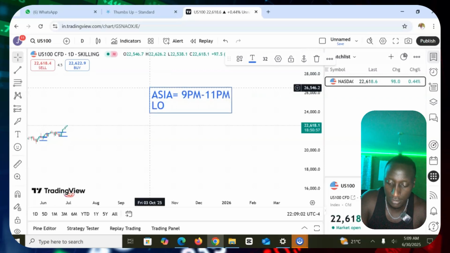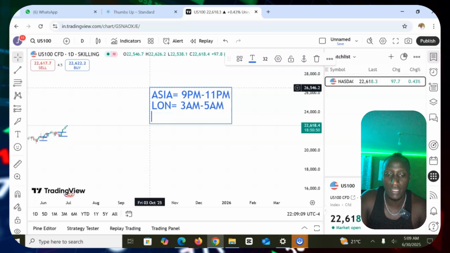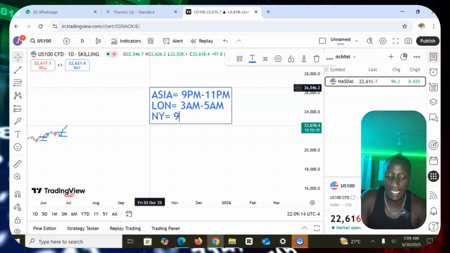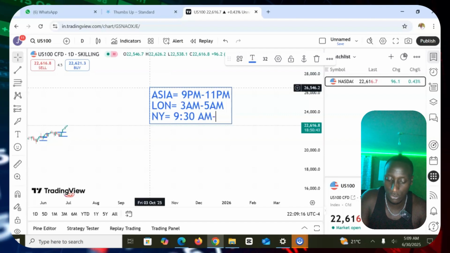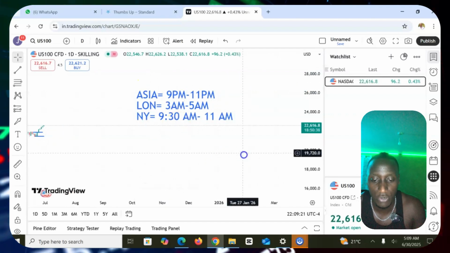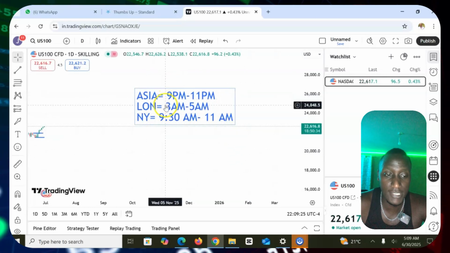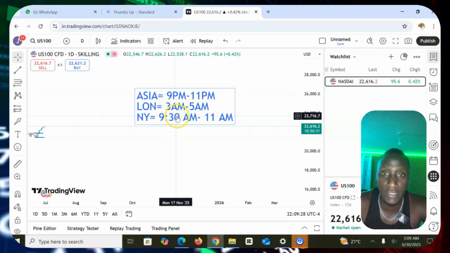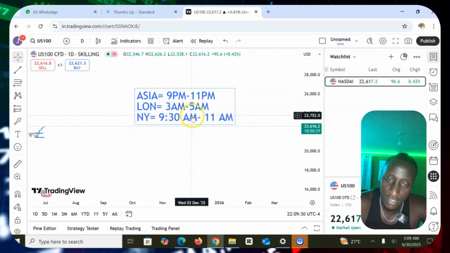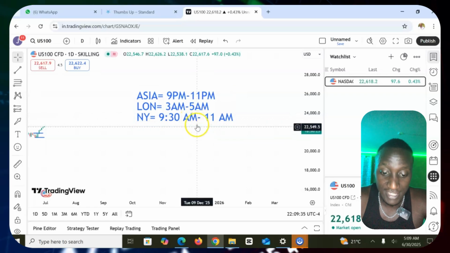We have London, which is from 3 a.m. to 5 a.m. And then we have New York, which is from 9:30 a.m. to 11 a.m. And this is exactly when you come to the market. Why is this important? Because this is when we have the highest volume in the market. So if we have the highest volume in the market, it behooves you to trade then.